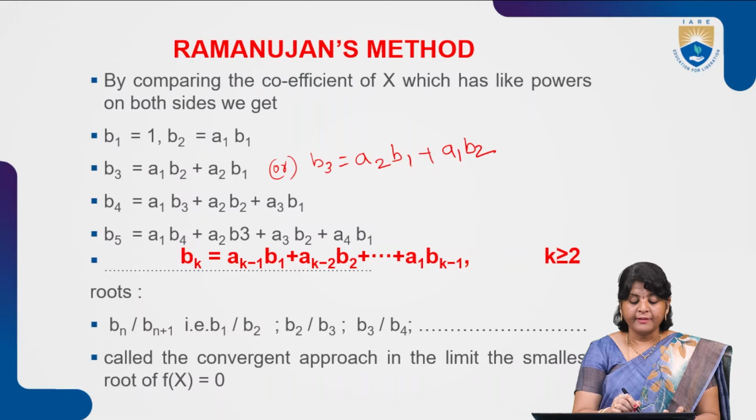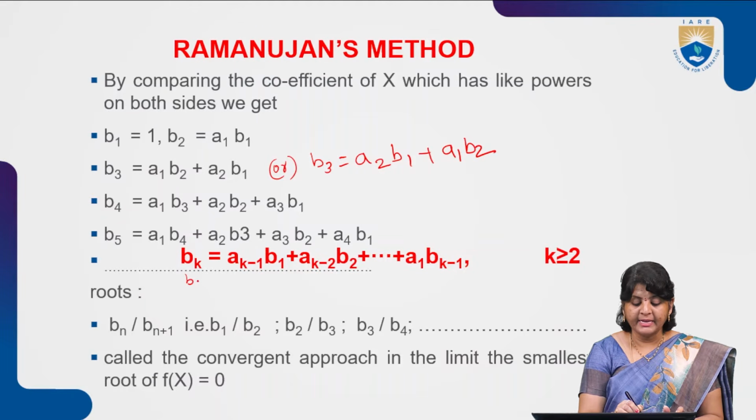And here, the final expression to find the b values is b suffix k, where k should be greater than or equal to 2, and the formula is a k minus 1 b1 and so on.